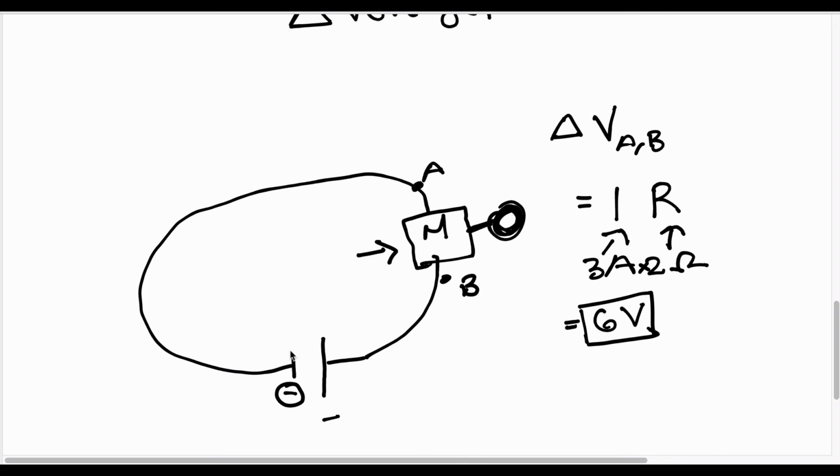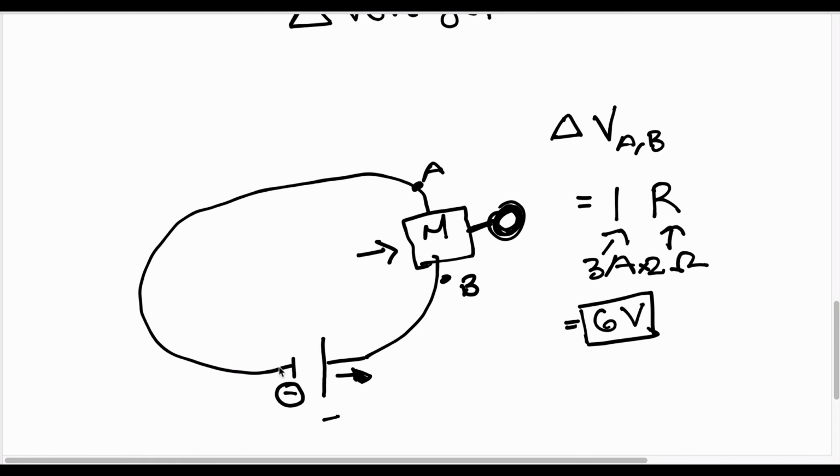It's exactly the same result whether negative charges move in the opposite direction as positive charges move in this direction. It's the same thing theoretically.